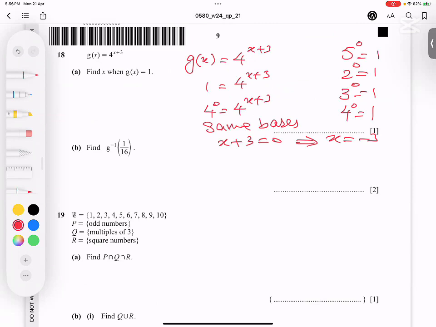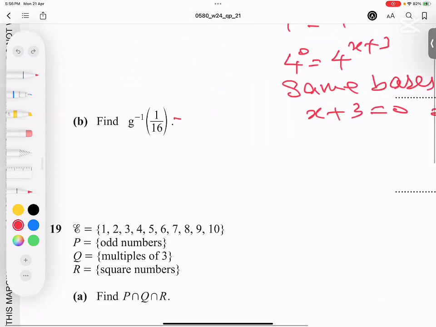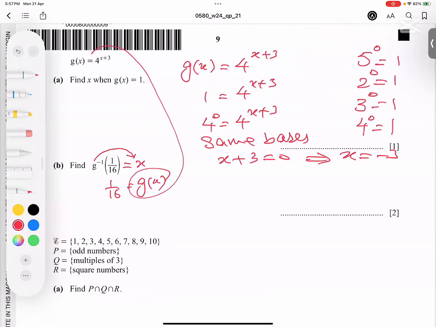And next is g inverse of 1 over 16. How can we find it? I taught this technique. Whenever you find this kind of question, you just assume any variable yourself, x, p, k, whatever, and bring g inverse to the other side. What happens, student? This will become g of x, and g of x is replaced by this one.